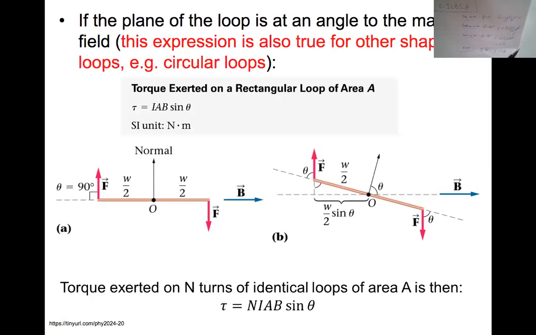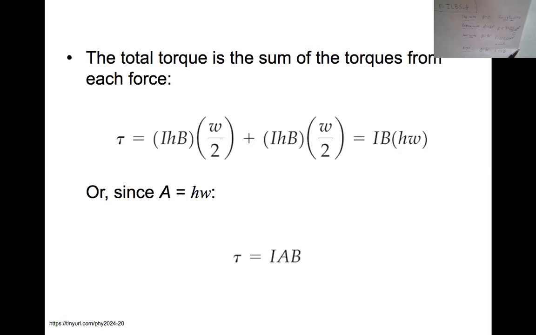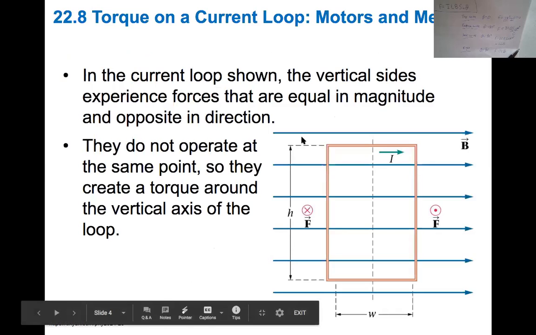Now when we look at the loop from 2 slides ago, we have this loop in the same plane of the magnetic field, okay? So let's go back. So this is where the loop sits, on the paper here, right on this plane, okay? So that's the case.